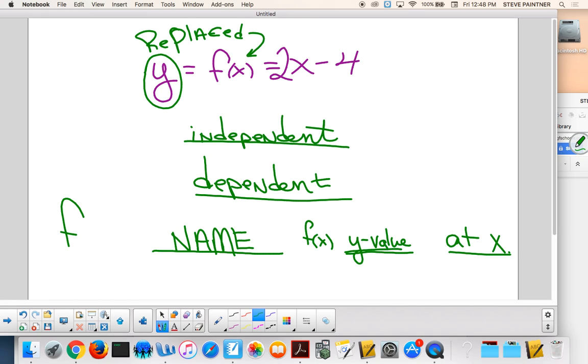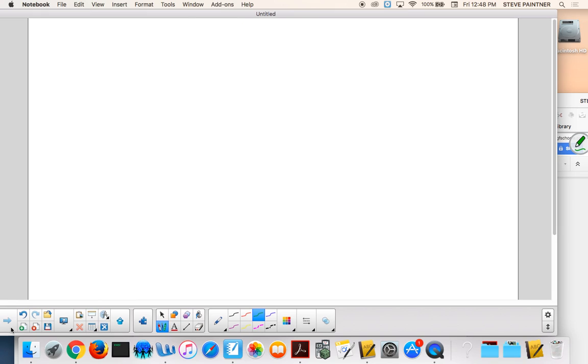So what I'm trying to say is this. If you put in 7 and you get out 10, well, 7 goes in and f of x is your y value, 10 comes out. I'll talk more about this on the next page. That probably got a little confusing. Okay, next page.